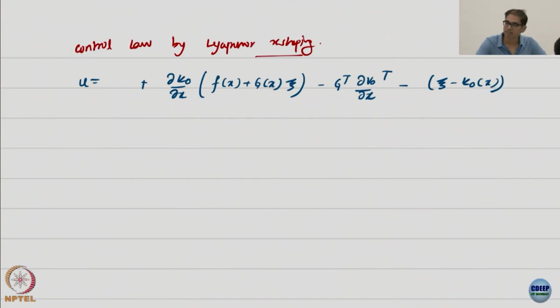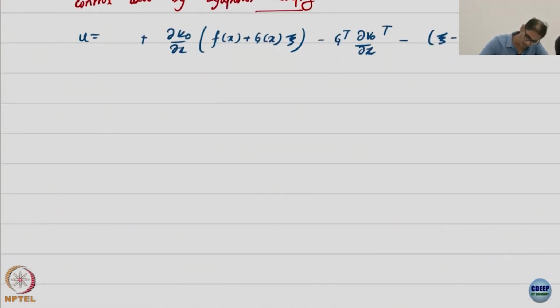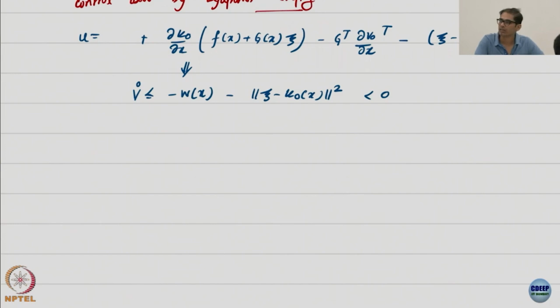You can verify the dimension will turn out well, and this will give me V dot less than or equal to minus wx minus psi minus k0 x whole square, which I know is negative definite.